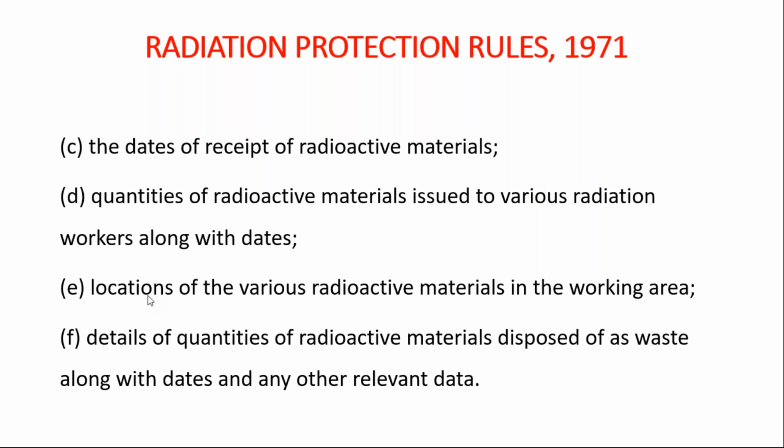So apart from the regular duties of the radiological safety officer, he can carry out the test for the leakage, because sometimes it happens that some radiation workers find different symptoms related to radiation leakages.